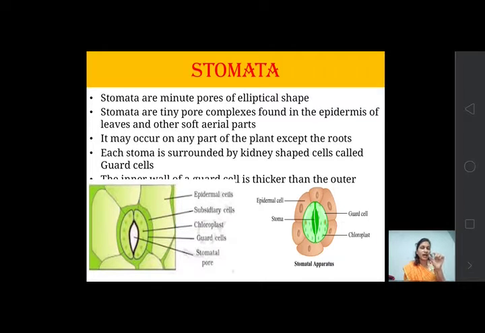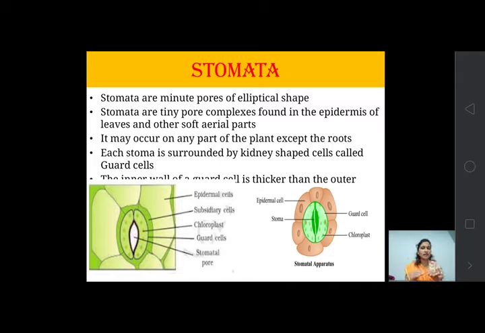The wall present towards the pore side is somewhat thicker than that of the outer side. The outer wall is somewhat thin and elastic, flexible in nature, whereas the inner wall is somewhat thick and rigid. So this is about the guard cells.